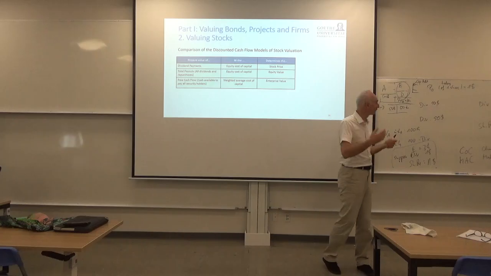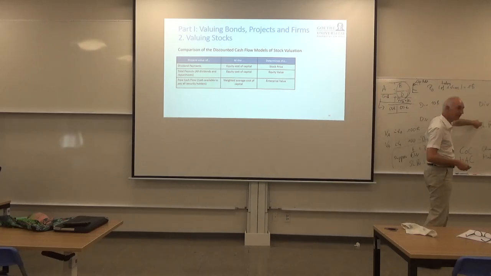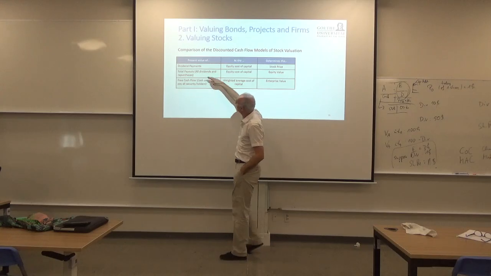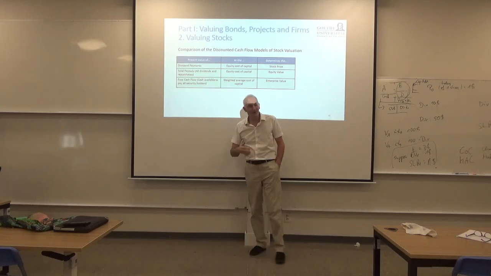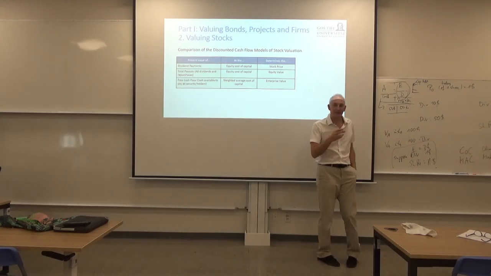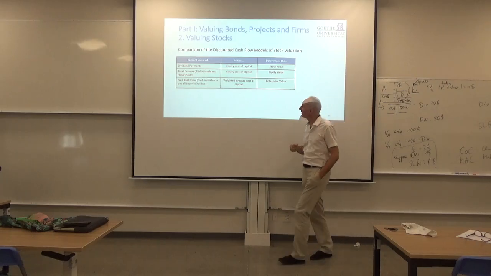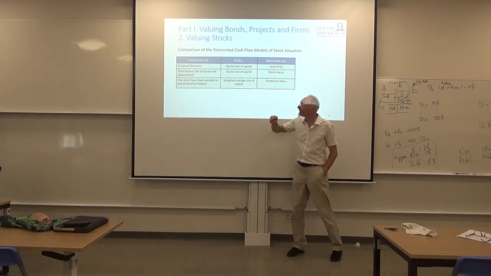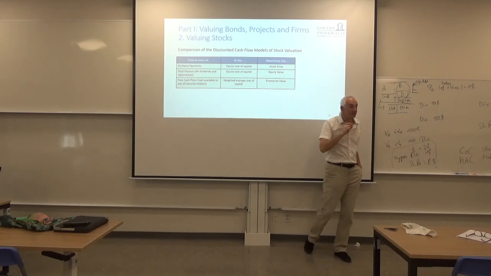When the number of shares changes, because we have these share repurchases, then we better use total payouts. We just take share repurchases and dividends as one, as the payout. We also discount with the equity cost of capital, and then get the total value of all shares.